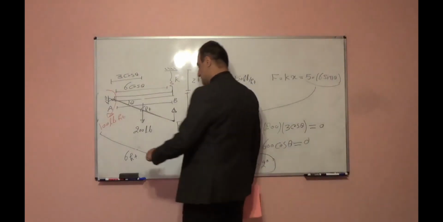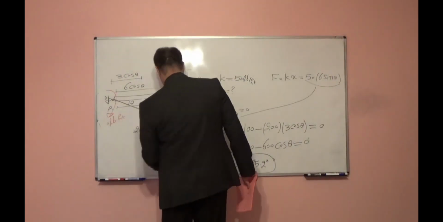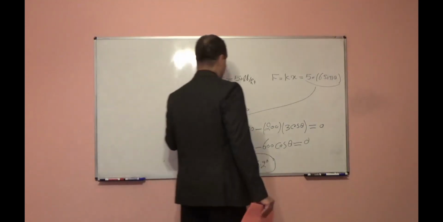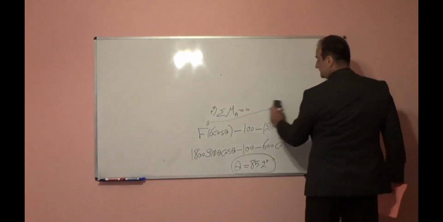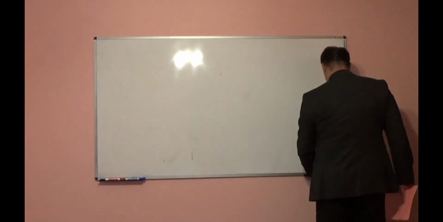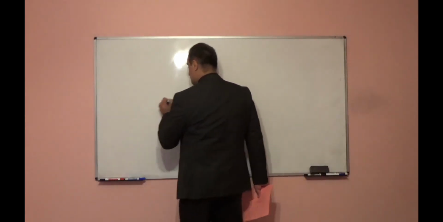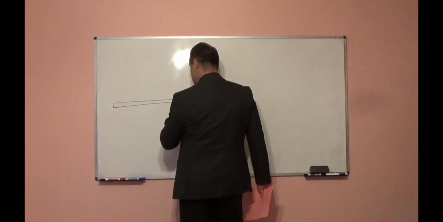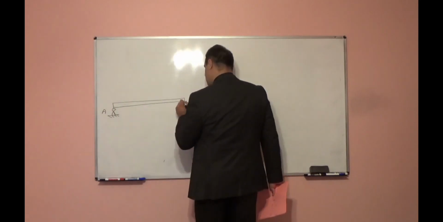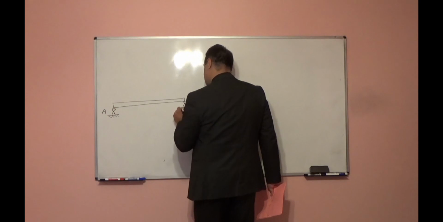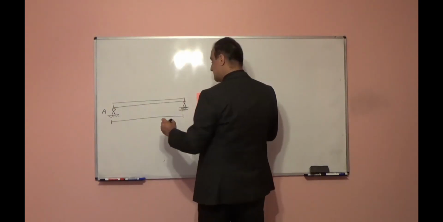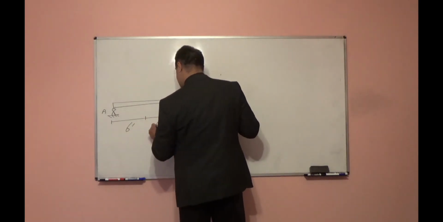Okay, I solve one more problem. Assume we have a simply supported beam, point A, point B. This beam is subjected to a non-uniform distributed load, 6 feet, 6 feet.